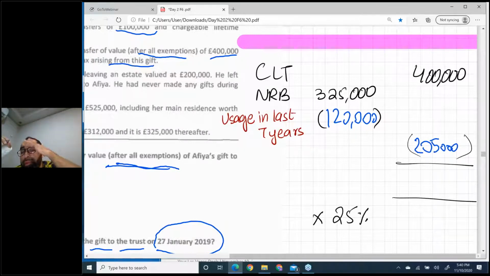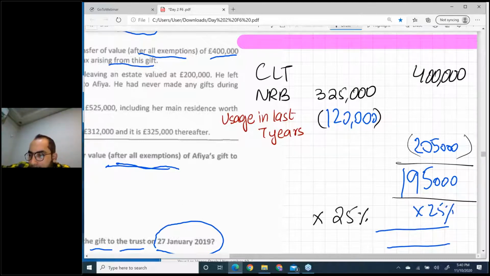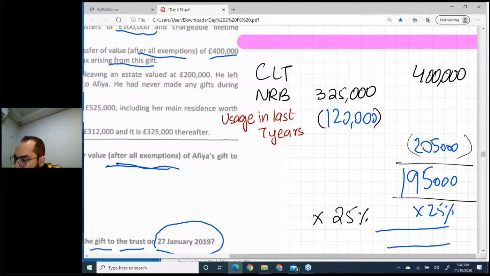So deduct 205,000 from 4 lakh, it will be 195,000. And now as the donor Afia is paying the lifetime IHT, the tax rate will be 25%. So 195,000 times 25%, what is the number? Let me calculate it.